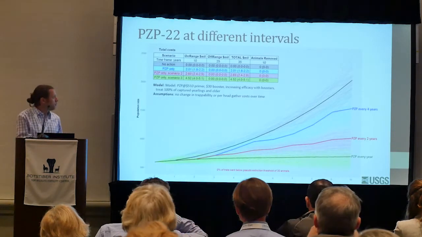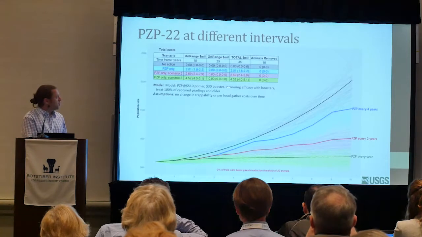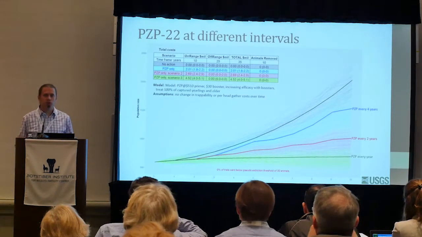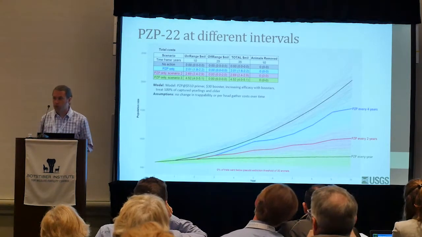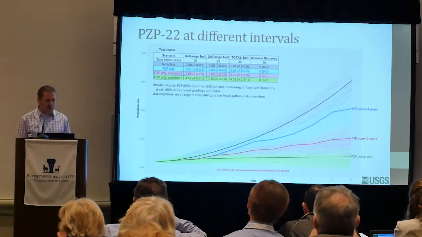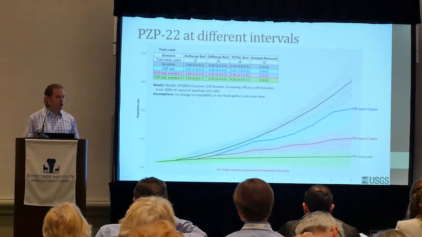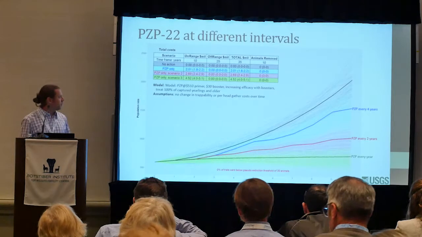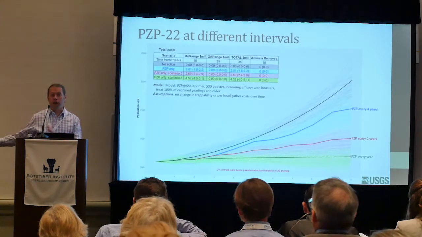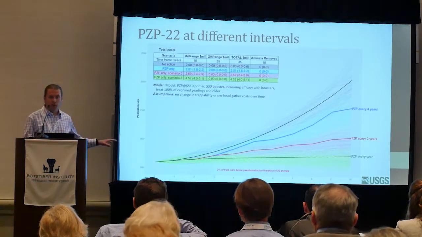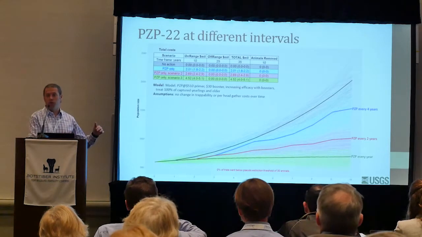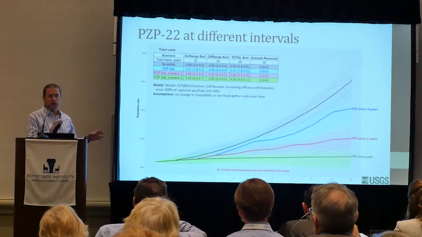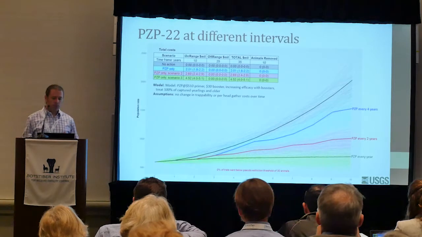By the way, what we're assuming here is that there's increasing efficacy with boosters. This is from a Rutberg paper from 2017, I believe. And, as I said earlier, we're treating 100% of yearlings and older, 100% of the captured animals. So in this model, every year there's 20% of the population that's untouched. We can't gather them.